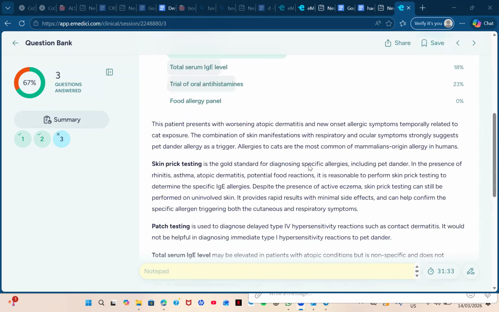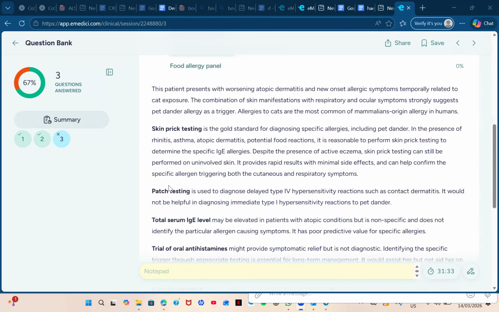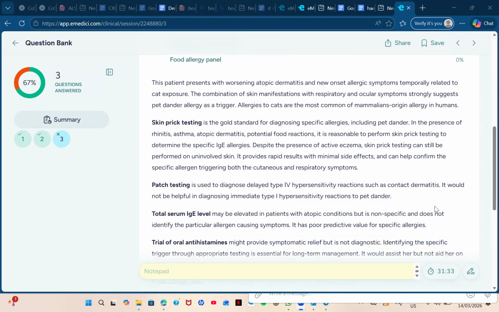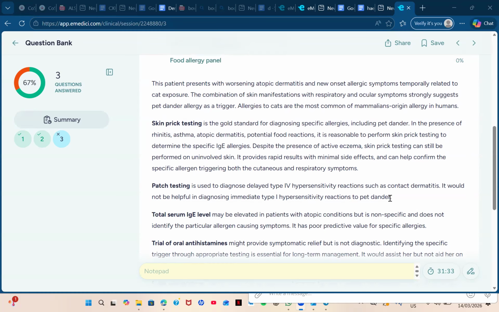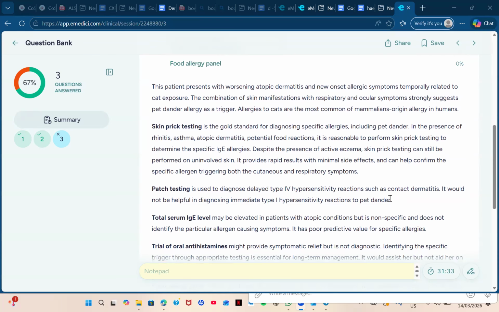Then let's see why not patch testing. Patch testing is used to diagnose delayed type 4 hypersensitivity reactions such as contact dermatitis. It would not be helpful in diagnosing immediate type 1 hypersensitivity reactions to pet dander.